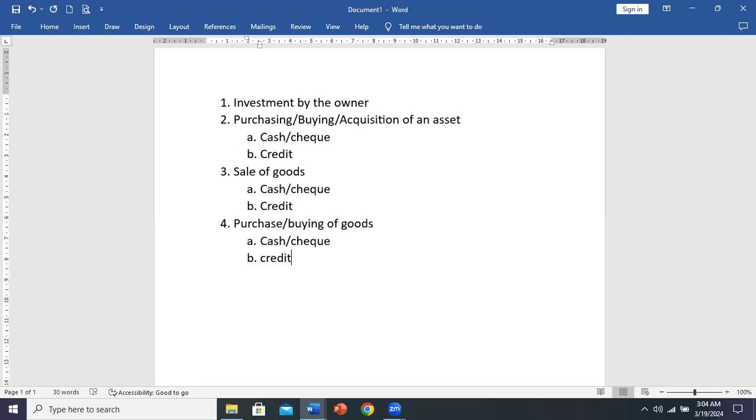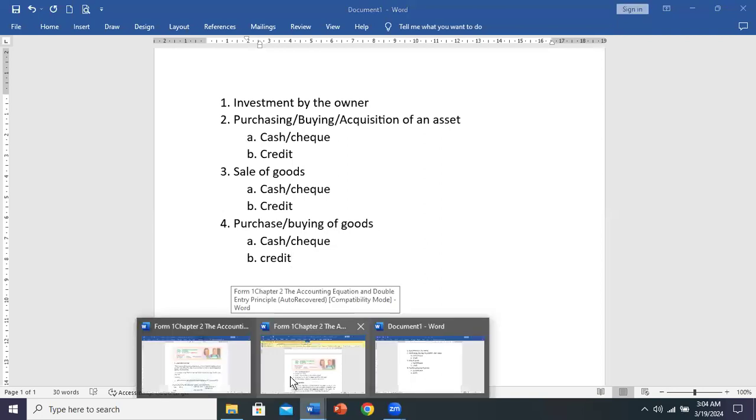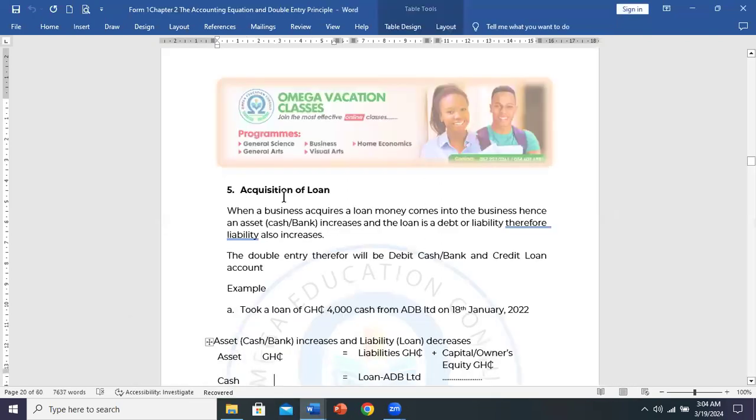I want to believe in each of these transactions, you remember what we have said so far about it. Okay. So let's move on to the fifth one. The fifth one speaks about acquisition of a loan. So the business is going to take a loan.